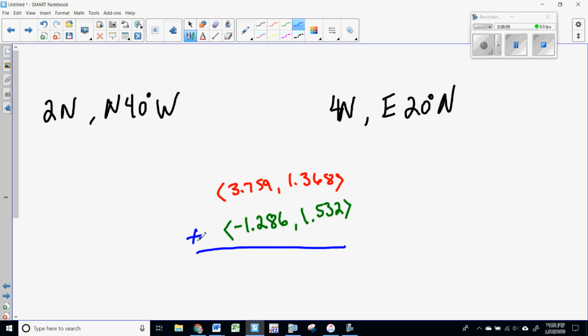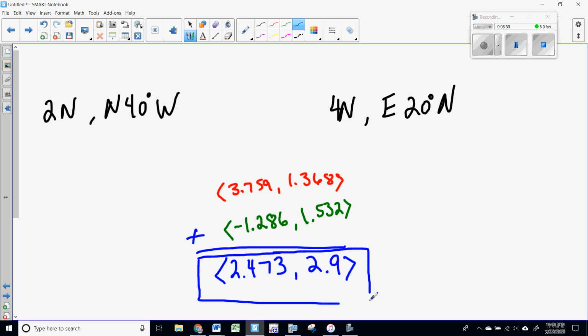So if I add these, I get 2.473, and this is 2.9. So now this is my new resultant vector.